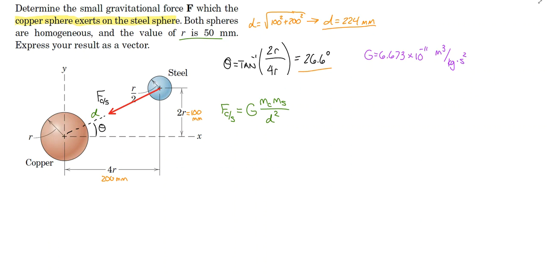The mass of the steel may be found by multiplying its density, we'll call that rho S, times its volume. So the density can be found in your textbook.